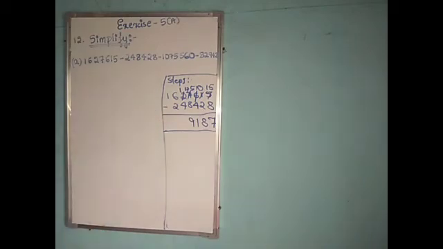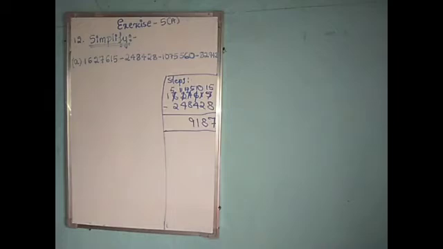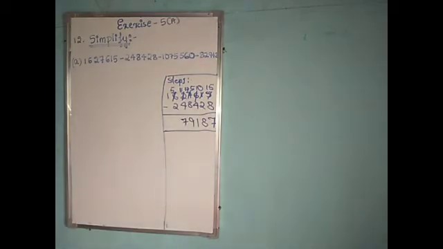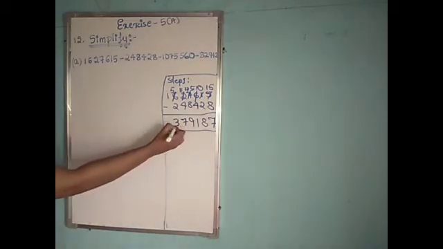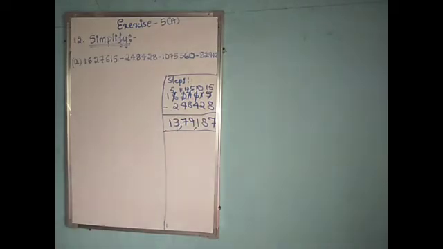The next number is 6. If you borrow from 6, then 6 becomes 5 and here 1 becomes 11. 11 minus 4 is 7. 5 minus 2 is 3. And write 1 as it is. So the answer is 13,79,187.